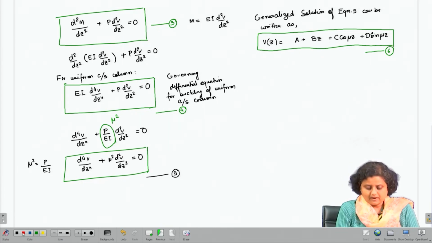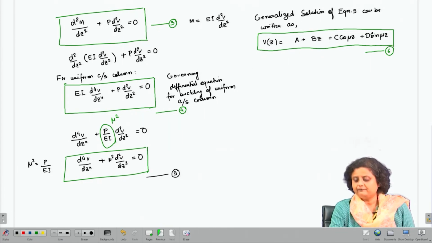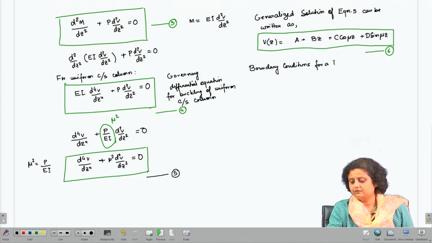So, what are the boundary conditions for a fixed free column?